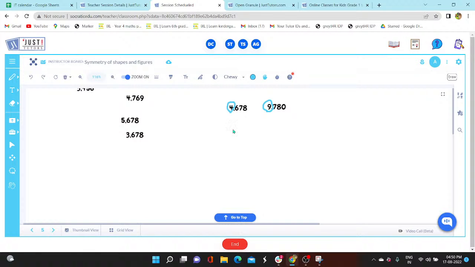So what do you think, which one is bigger, 4000 or 9000? Definitely 9000 is bigger. So that means 9780 is bigger.